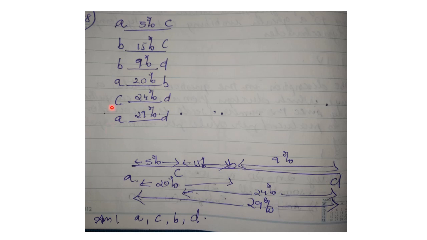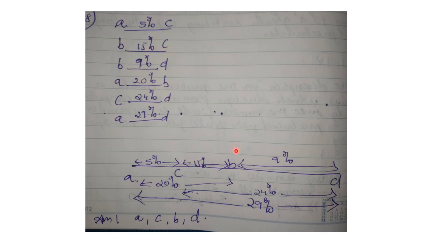Next largest is between C and D. So I will put C over here. D is already there. So the distance will be 24%. C and D. Next largest is between A and B. But B and C is 15%.